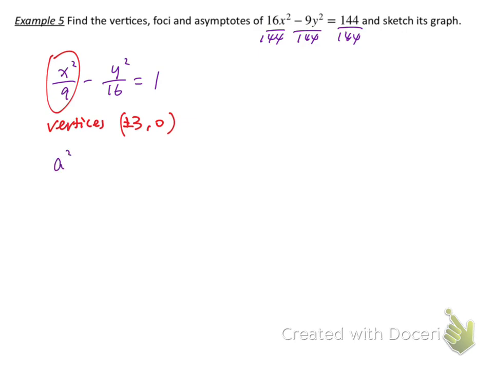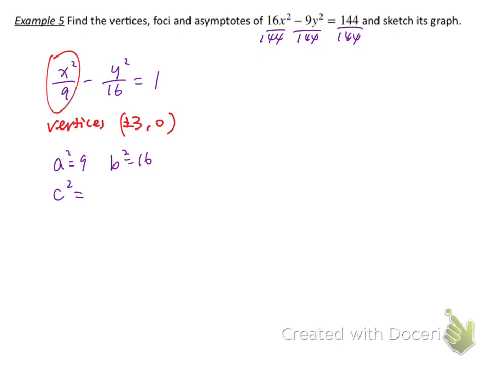So I have a squared equals 9, b squared equals 16, and c squared. This time, since it doesn't really matter which number is higher, the positive term is going to be where the vertices are. Then the other number, which might be higher, might be lower, will just be the second number.